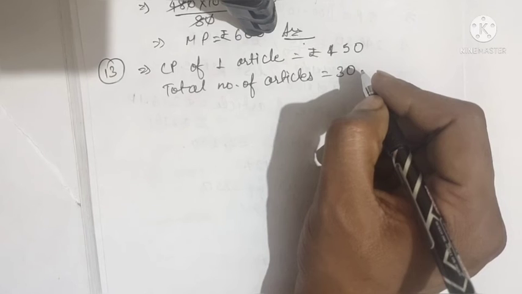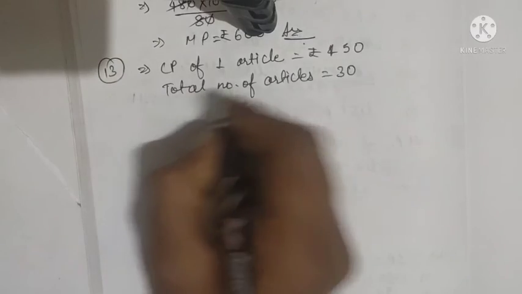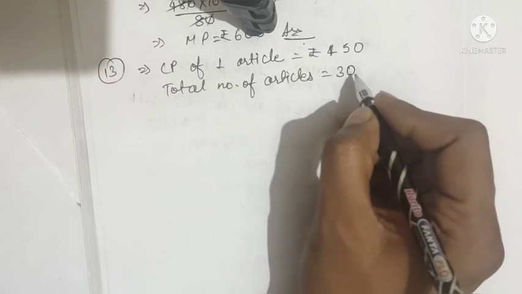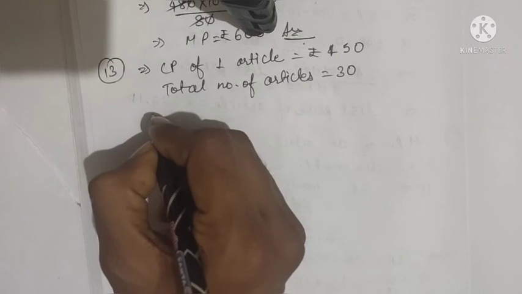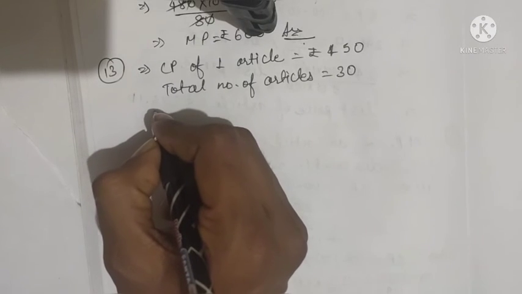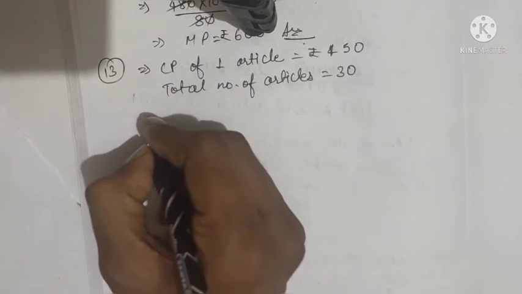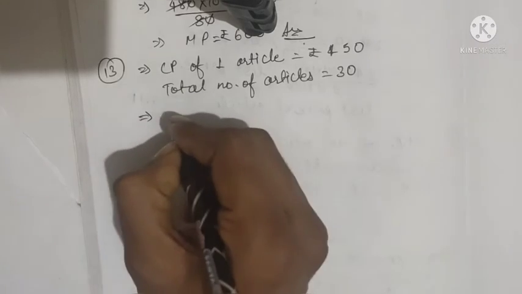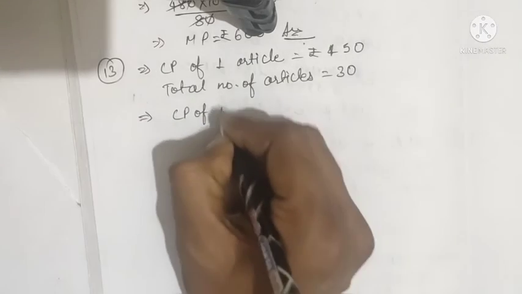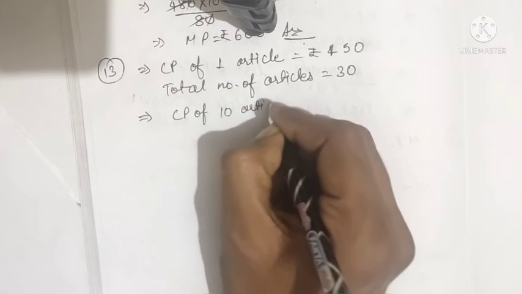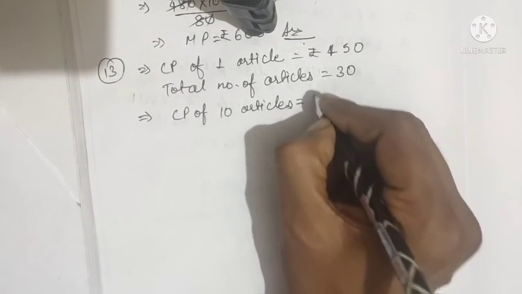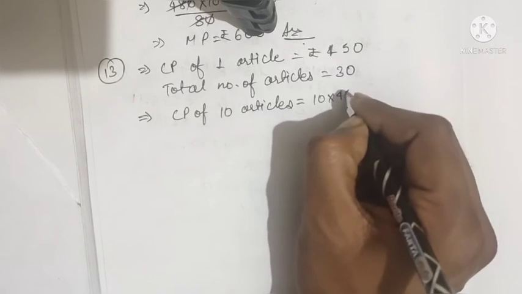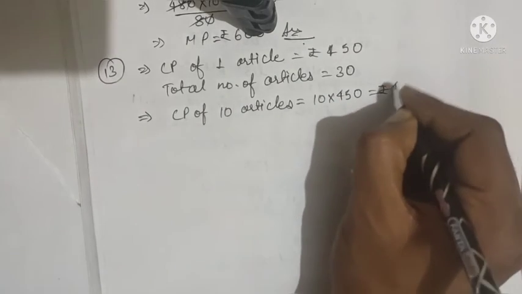Now it is given that 1/3 of these articles are sold at 6% loss. 1/3 of articles means 1 by 3 of 30, that is 10. Hence 10 articles are sold at 6% loss. So we are going to find CP of 10 articles first and then SP of 10 articles. CP of 10 articles will be equal to 10 into 450, which becomes rupees 4500.